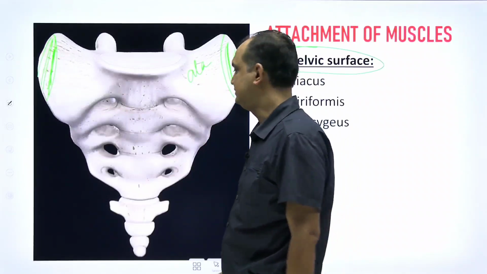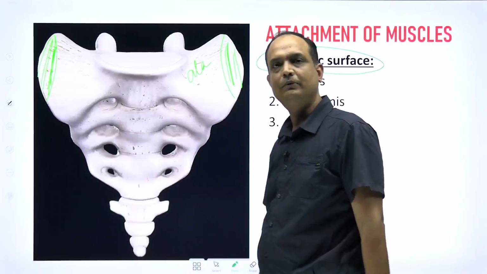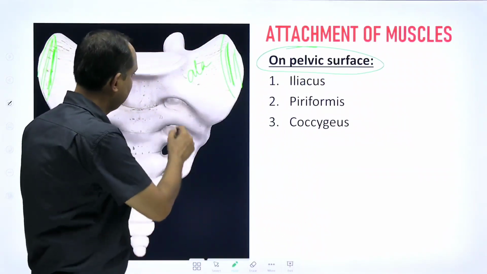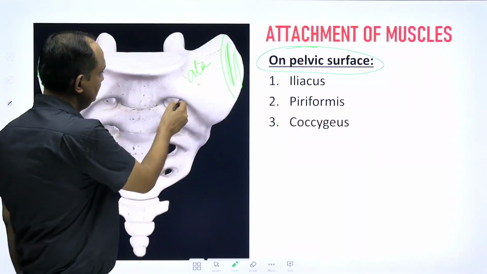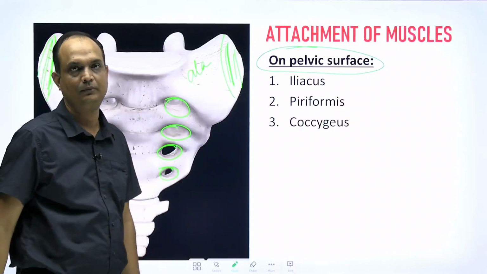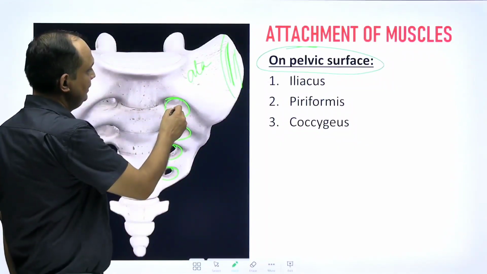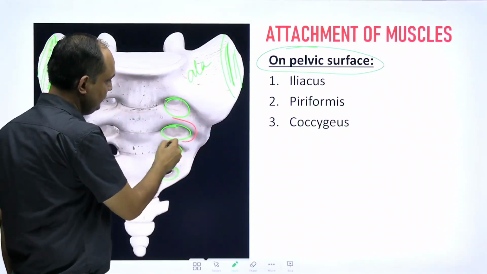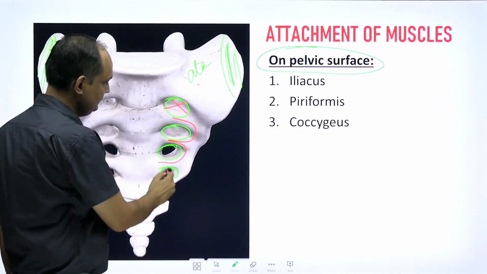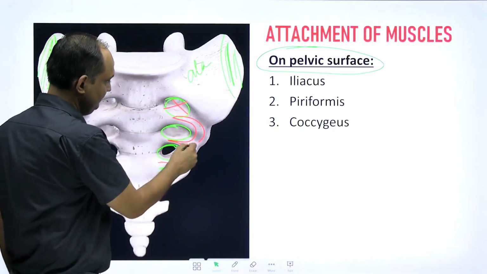The next muscle is piriformis. Piriformis has an E-shaped origin. On the surface you will have the 1, 2, 3 and 4 ventral sacral foramina. When drawing the muscle, you draw it in an E shape, but you have to leave the first and last ventral sacral foramina and draw the E in between them.